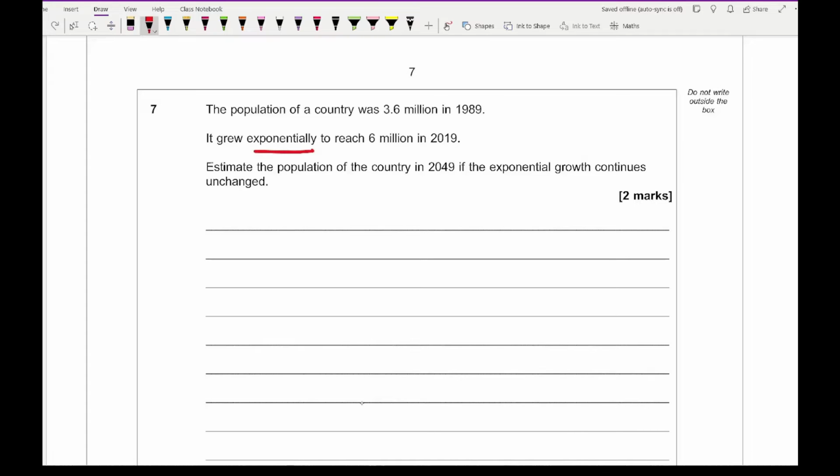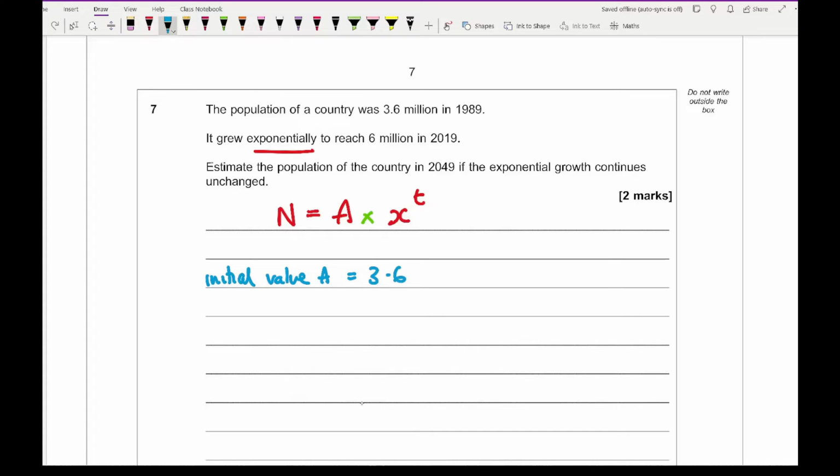So we know that the population, which we'll call n, is equal to a, which is our initial value, multiplied by the increasing rate over time. Let me just make sure that represents a multiplier, x to the power of t. Now from this we can see that our initial value a is 3.6 million.